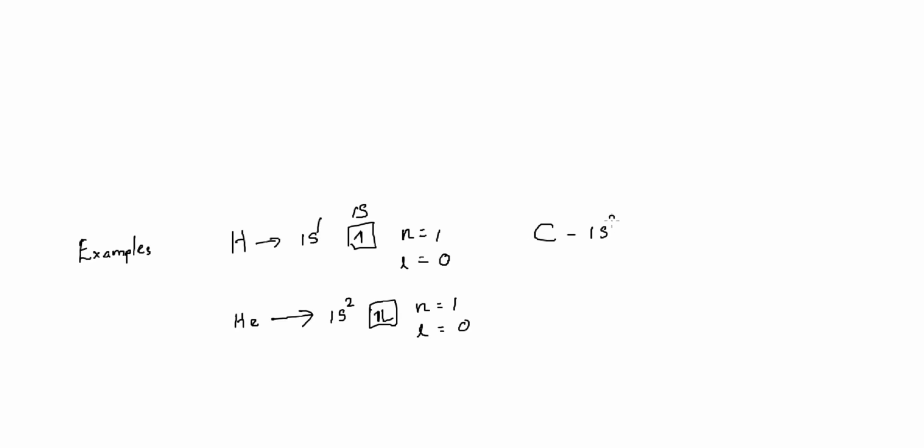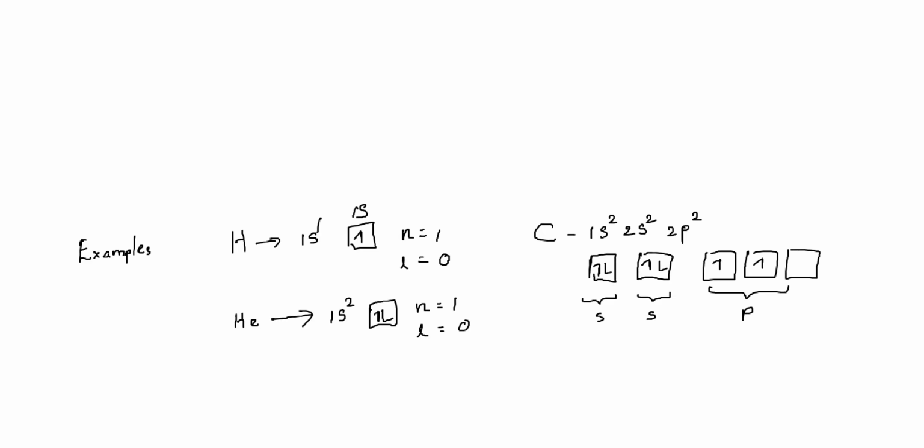For the last electron filled in the carbon 2p orbital, n equals 2 and l equals 1, because p orbitals correspond to l equals 1. If we consider an electron in the 2s orbital, n equals 2 and l equals 0 because it's an s orbital in the second energy level.